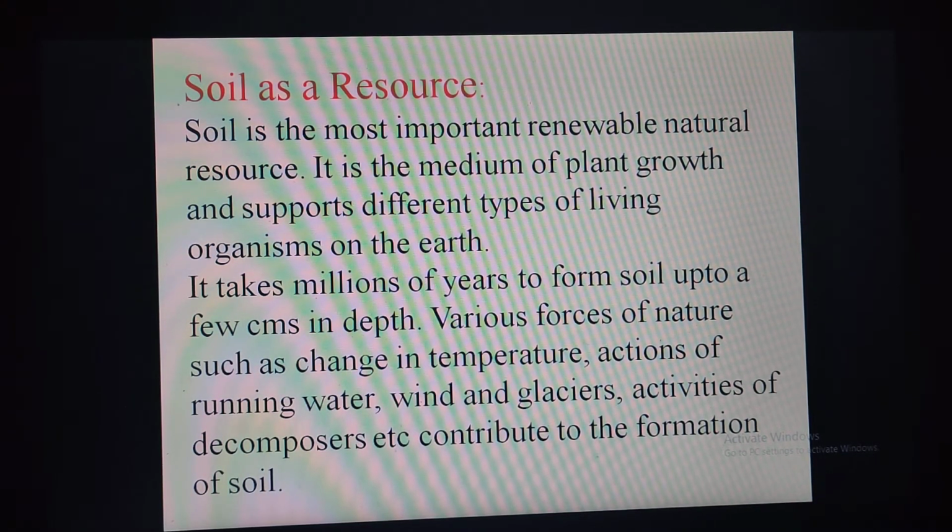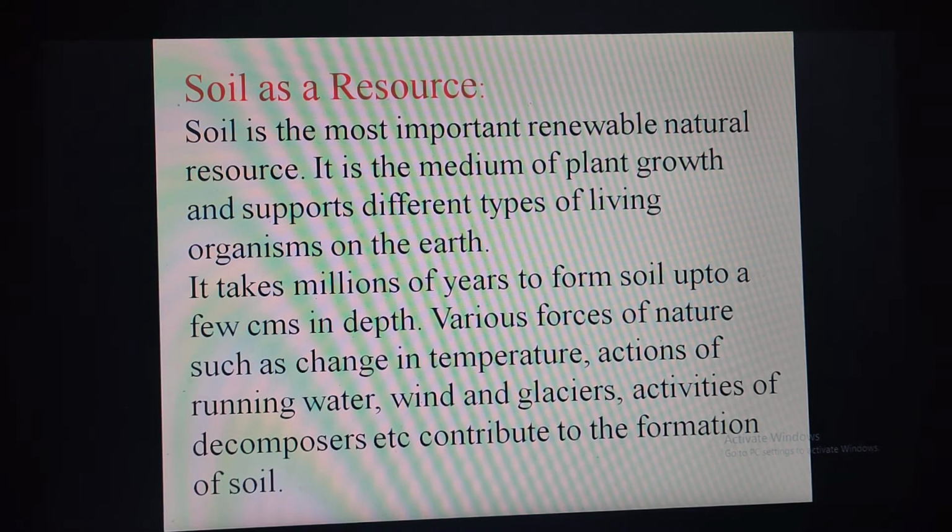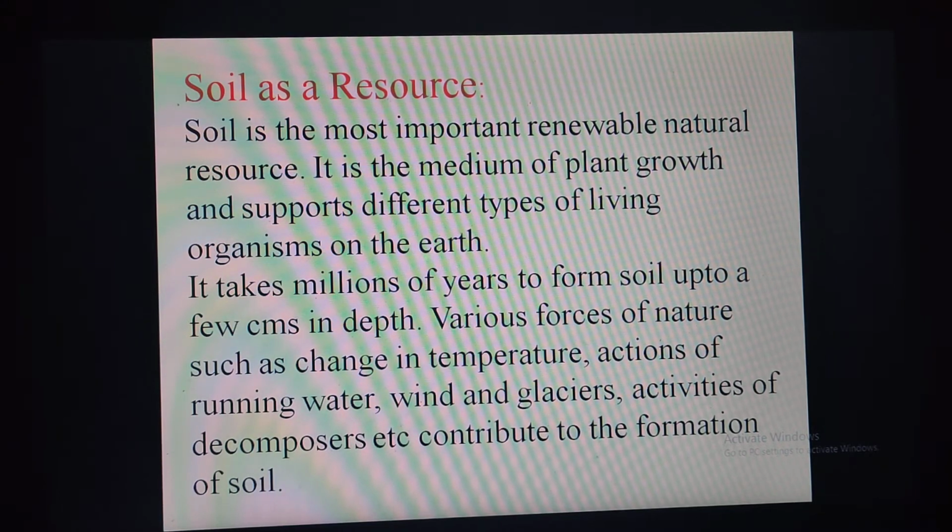It takes millions and millions of years to form soil up to a few centimeters in depth. It's easy for us to just dig out the soil and use it. But the formation of those few centimeters of depth takes millions of years. Various forces of nature such as change in temperature, actions of running water, wind and glaciers, activities of decomposers, etc. contribute to the formation of soil.